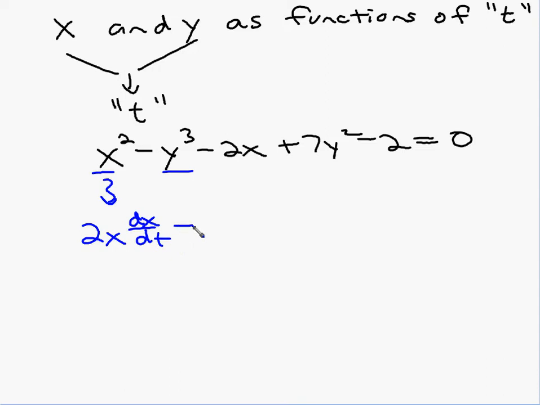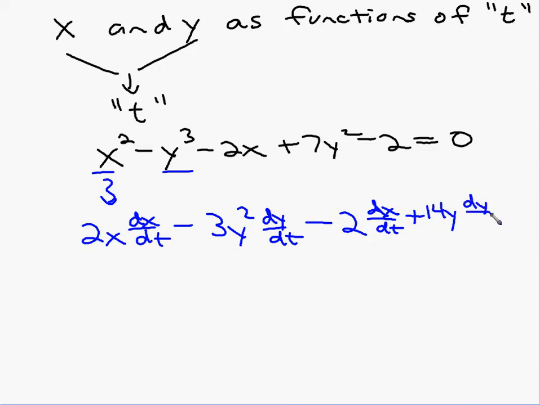And this would be minus, what, 3y squared dy dt. Yeah, you do it like the y's, but you have to do it for the x's too, because we're relating it to a third variable. And this will all make sense in just a minute when we do a problem. Minus 2 dx dt plus 14y dy dt equals 0.